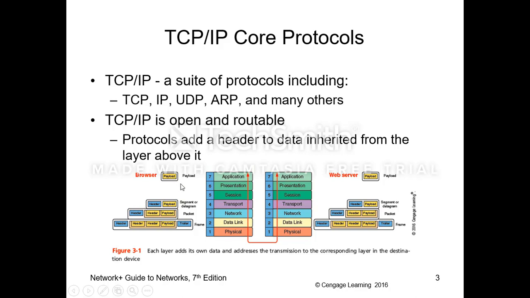And then as we go down from the application to the presentation to the session layer, when we hit the transport layer, we have our payload, but now we have the header here, which is more information about that transfer, the transport layer. In this section, we want to get into the details of the content of the headers that we use in the transport and the network layers.